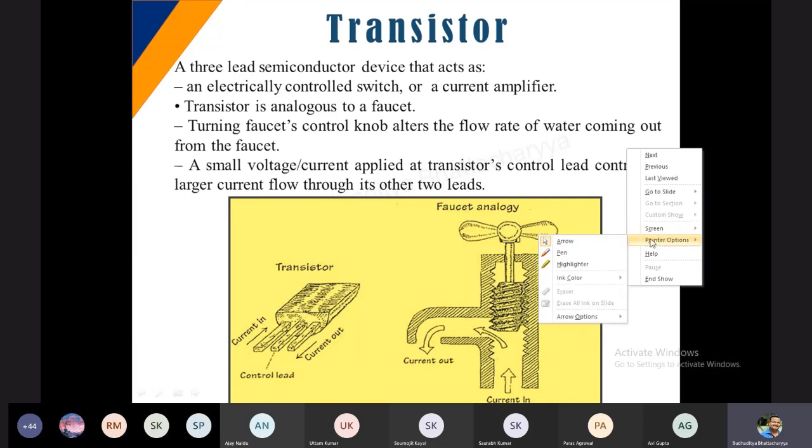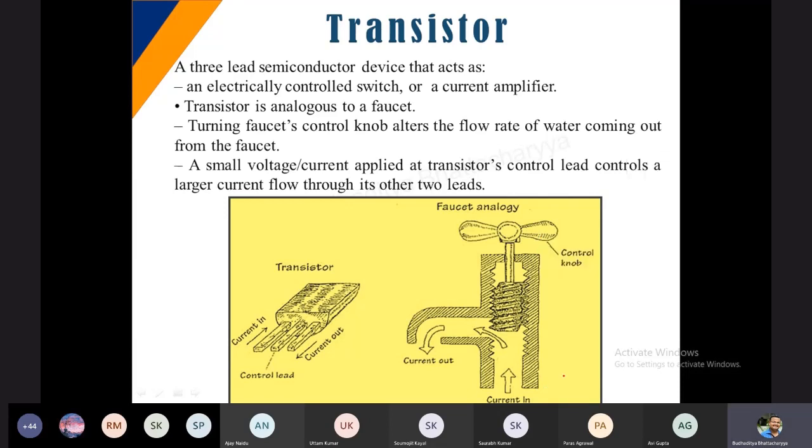So if there is a method by which we can control the amount of current coming in and how much of the current is coming out, through some mechanism like an adjustable or control knob, and if you reciprocate this analogy to a semiconductor device, that is where the transistor comes in. That is basically why it is important.